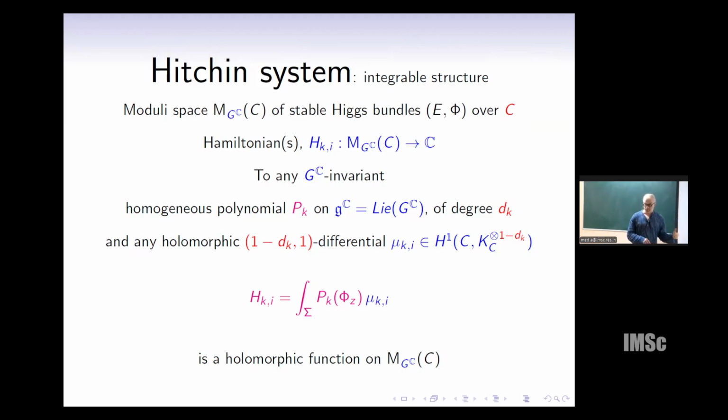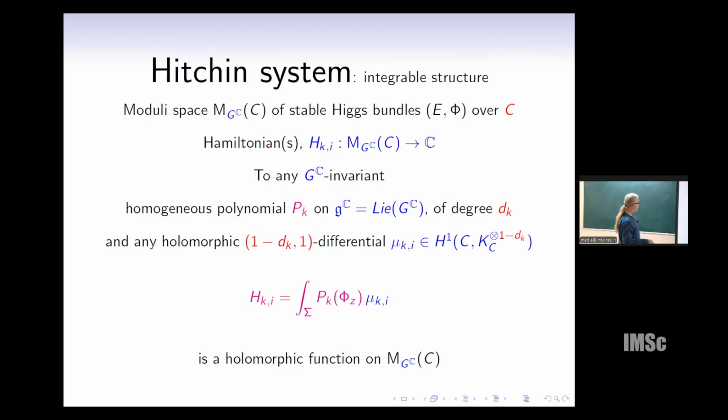For SU(N), those degrees would be 2, 3, 4 up to N. These are just the degrees of Casimirs in other language. For SU(N), the simplest invariant will be trace phi squared, so it's quadratic. The next one will be trace phi cubed, and so on up to trace phi to the N.